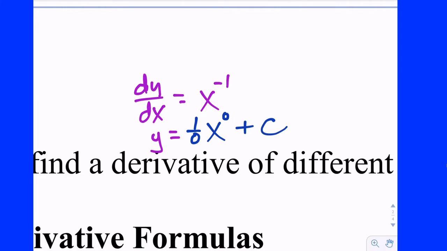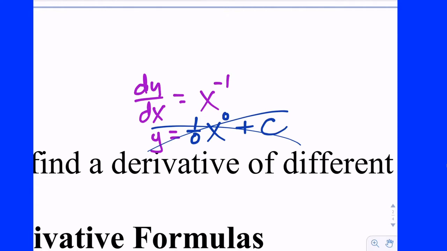Whoa, what just happened? We divided by 0. Is that legal? Are we Newton? No. Are we Chuck Norris? No, we're neither. So we can't divide by 0. So the power rule fails every single time your exponent is negative 1.